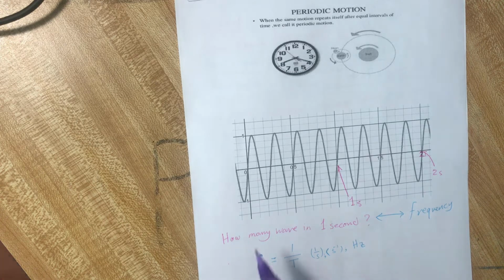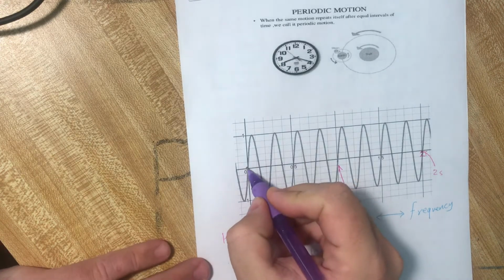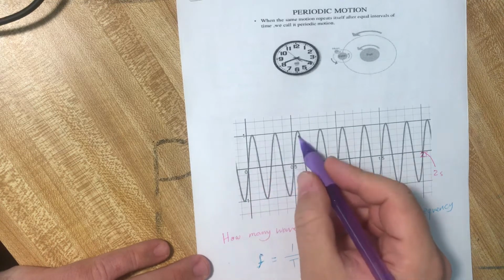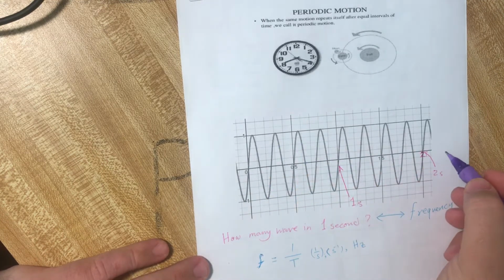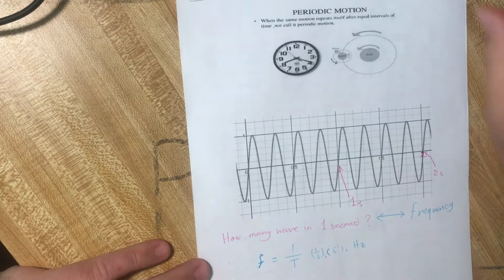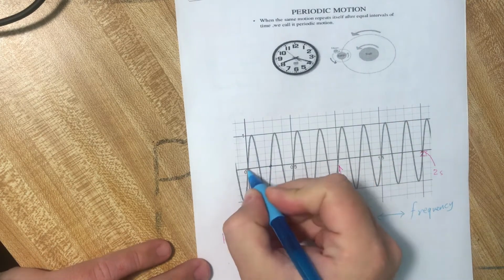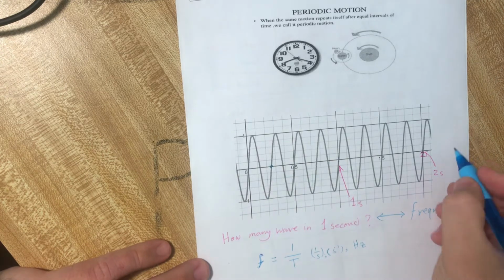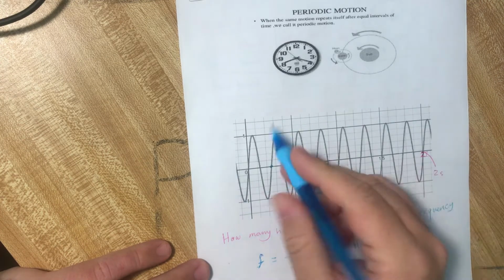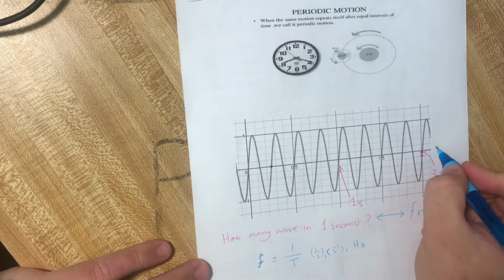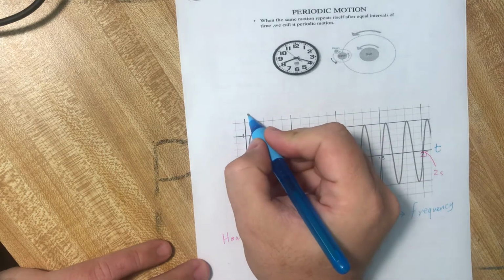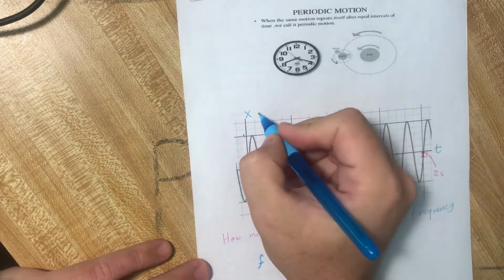But let us now look at this wave. This shape is a wave shape. When the wave repeats itself, then we have a new wave. So let us start. This is, for example, the xy plane, which is t, and position x of t.